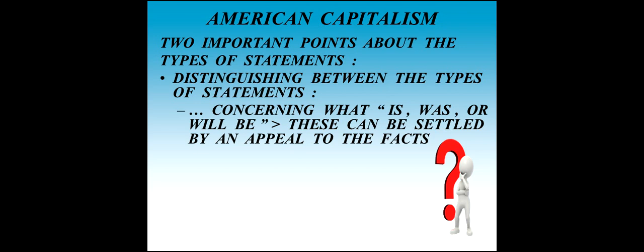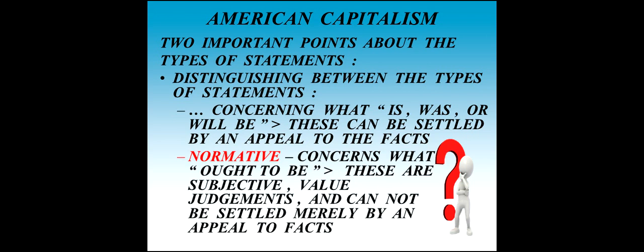The other type of statement that people will make is called a normative statement. These are statements regarding concerns as to what ought to be. And these statements are subjective. They're value judgments and cannot be settled merely by an appeal to facts.